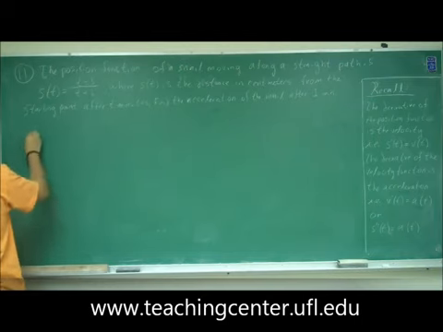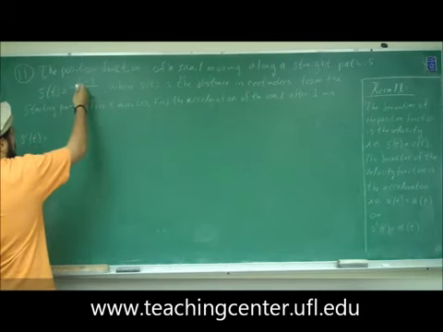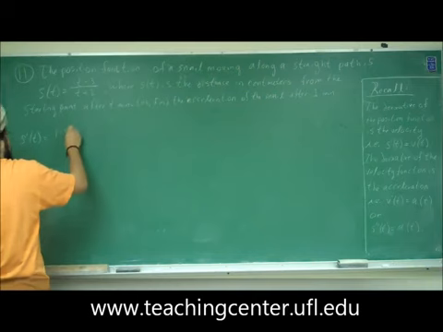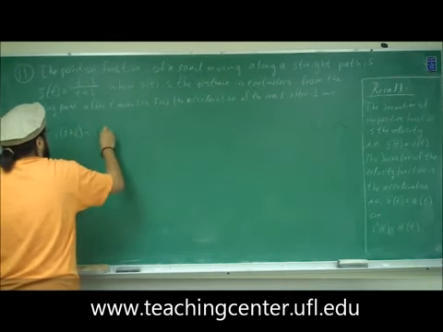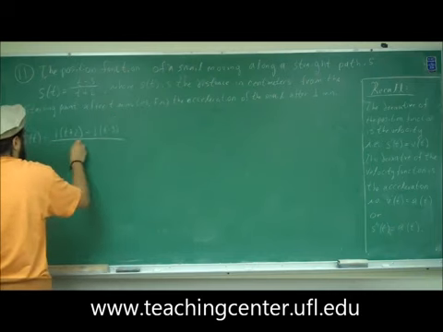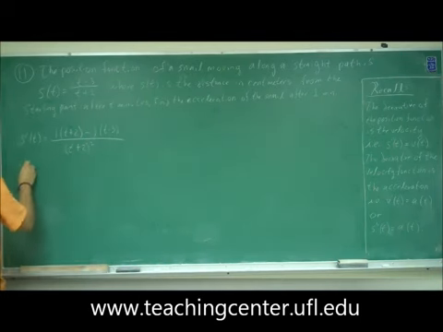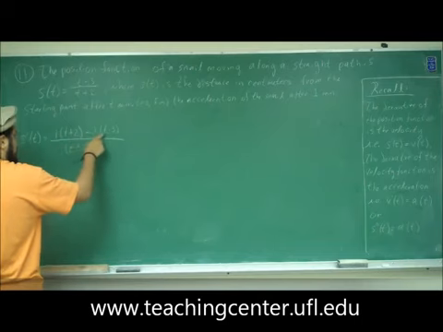So S'(t) is equal to, using the quotient rule, 1 times (t + 2) minus 1 times (t - 3), divided by (t + 2) squared. That's S'(t).